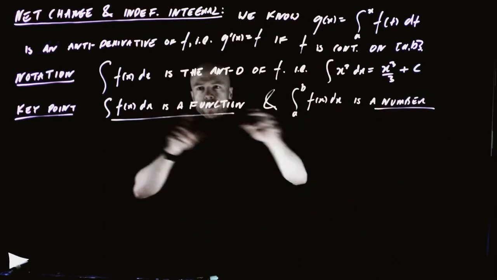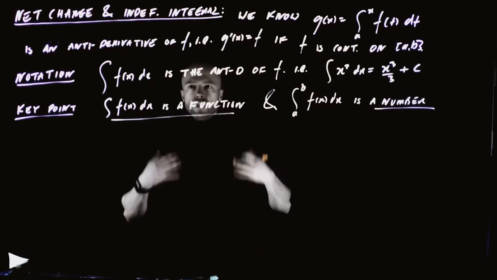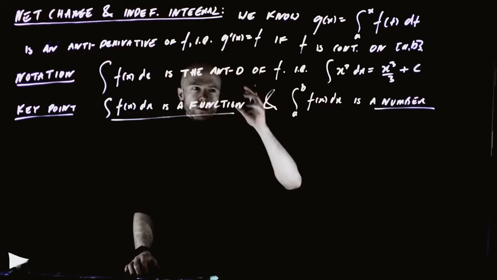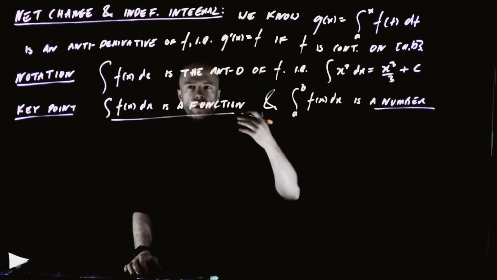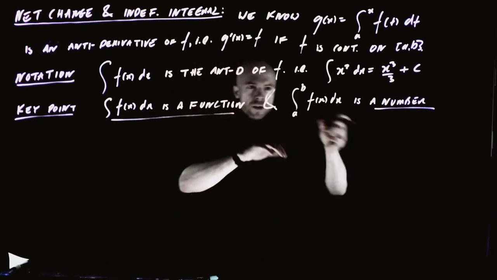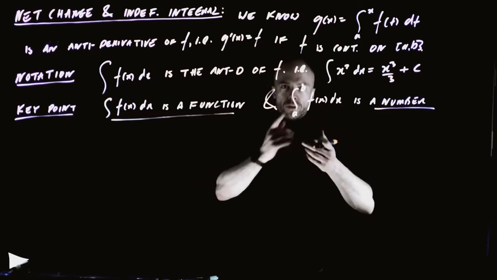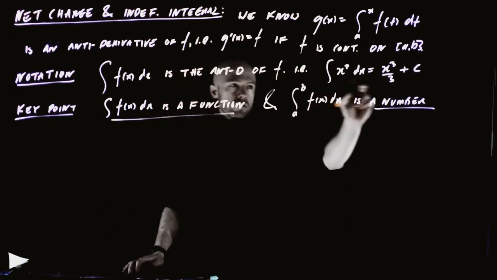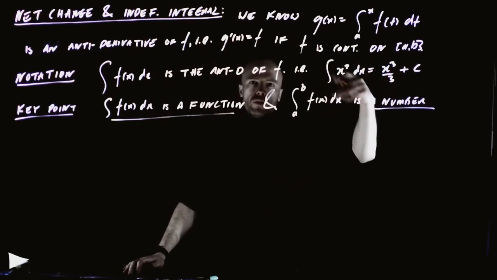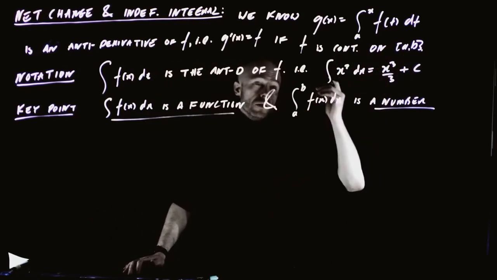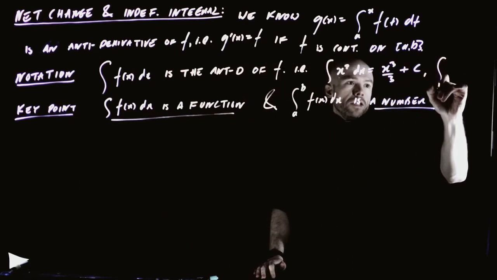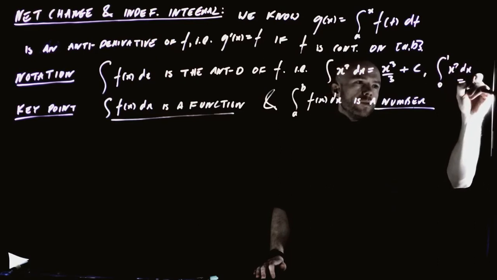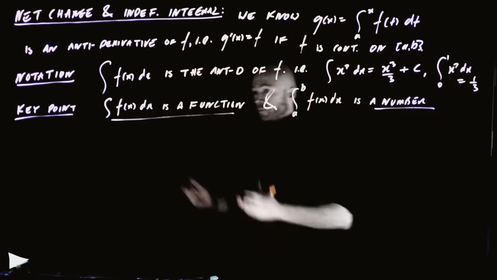So these expressions look very similar to each other, but they mean completely different things, okay? And if you're in a hurry, you can easily get them confused. There's a high likelihood of there being a multiple choice question where you're invited to confuse the meaning of these things. Okay, so this right here, it's the indefinite integral, it's the antiderivative, it's a function, whereas if we do the integral from 0 to 1 of x squared dx, we know it's 1 over 3, that's a number.